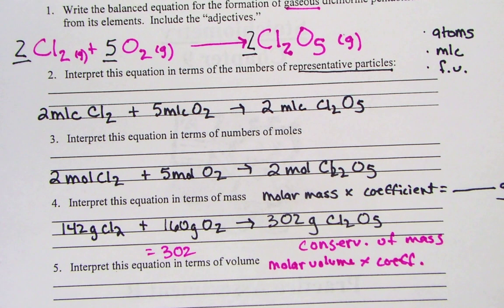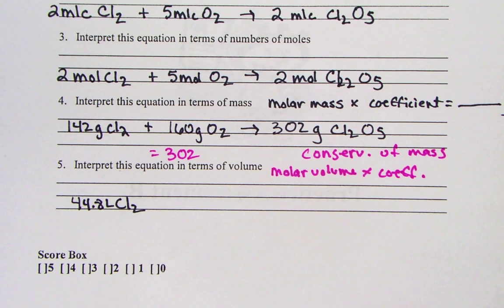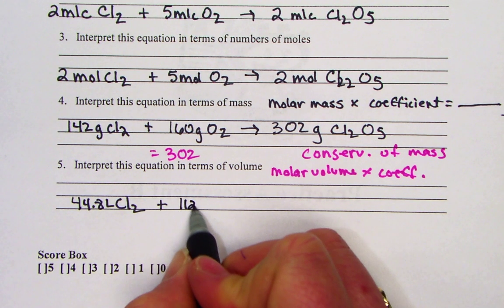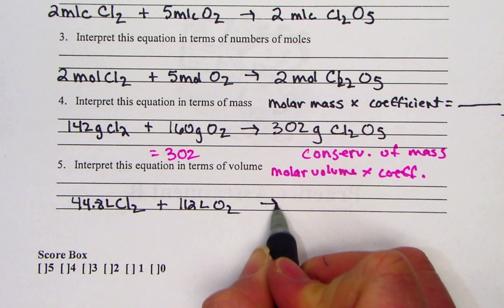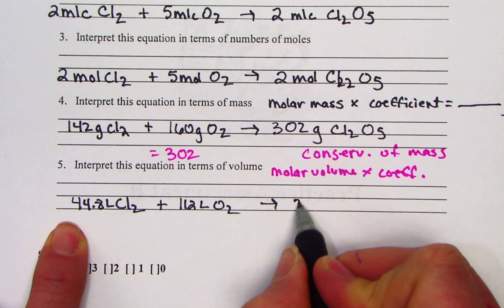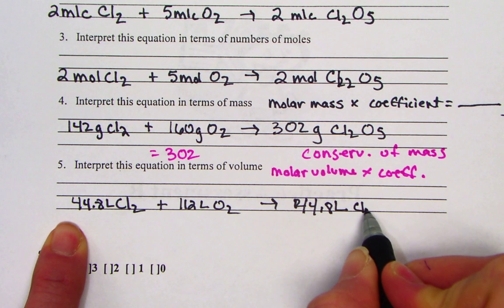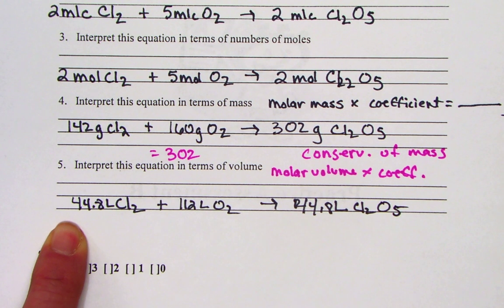The coefficient in front of our chlorine is 2, so 2 times 22.4 would show me 44.8 liters of chlorine, reacting with 5 times 22.4, 112 liters of oxygen. And that recombines to form 2 times 22.4, which is 44.8 liters of our product, Cl2O5.